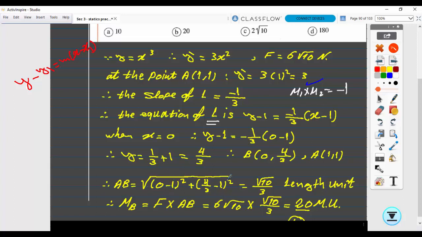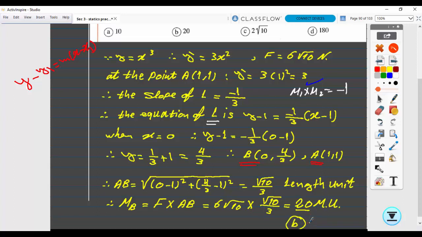AB equals square root of (x2 minus x1) all squared plus (y2 minus y1) all squared. Here we have B and A. Calculate it, you will get root 10/3. So the moment about B equals F multiply AB. F equals 6 root 10 and AB equals root 10/3. Calculate it, it will be 20, and the answer is letter B.